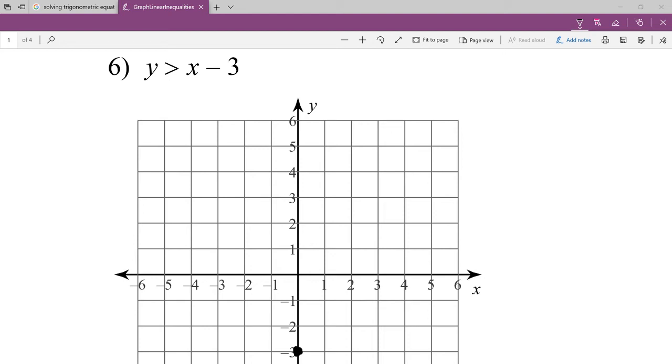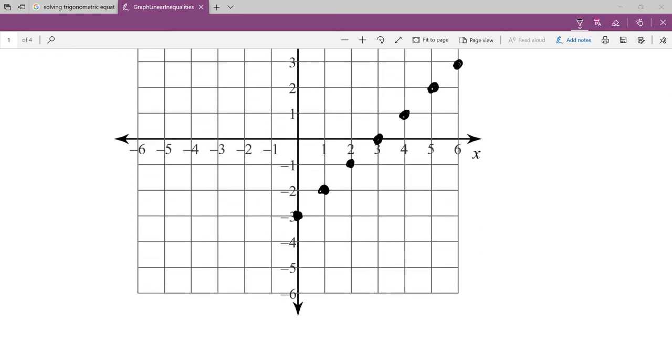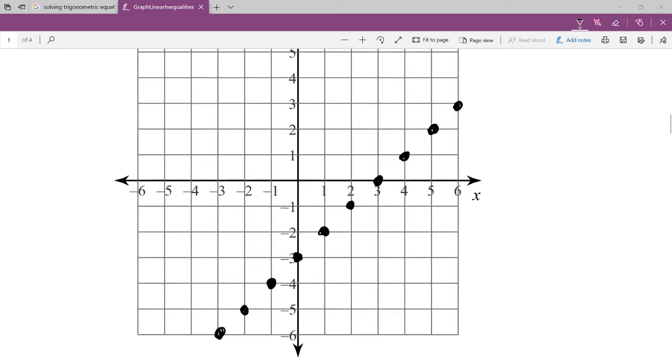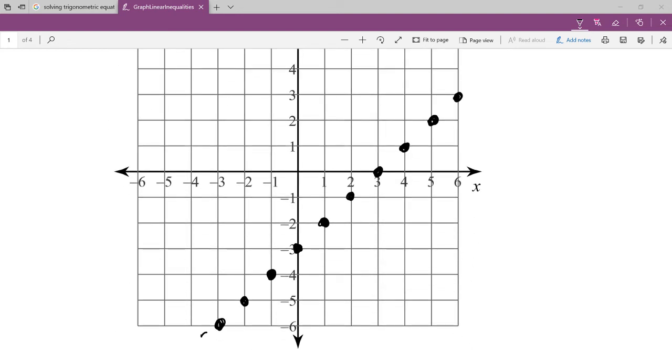So you say up 1 over 1, up 1 over 1, and so on, and then down 1, left 1, down 1 and left 1. So then you make your dashes.